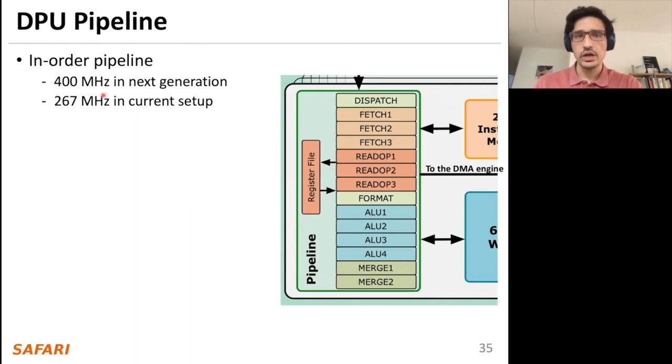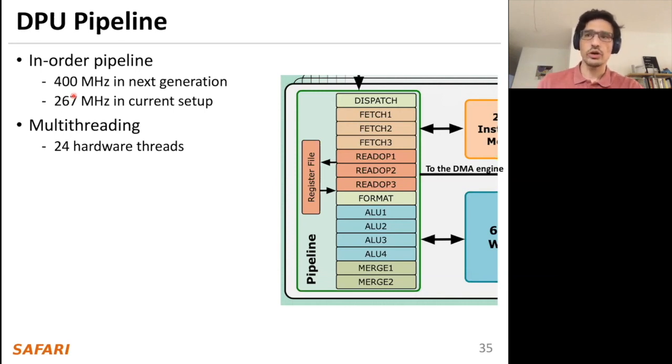In the current setup, we are able to achieve up to 267 megahertz. Inside this pipeline, we will have threads running. From the software point of view, we call them tasklets, but in reality, what we have in the pipeline are 24 hardware threads.